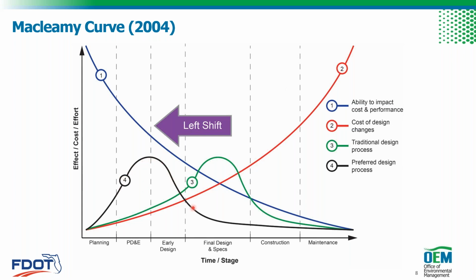A lot of the decisions have been made earlier, right? If we take care of them in PD&E and early design, then we're focused on detailed design and refining the design, but not major design changes that will be drastically more expensive than they could have been earlier in the process.